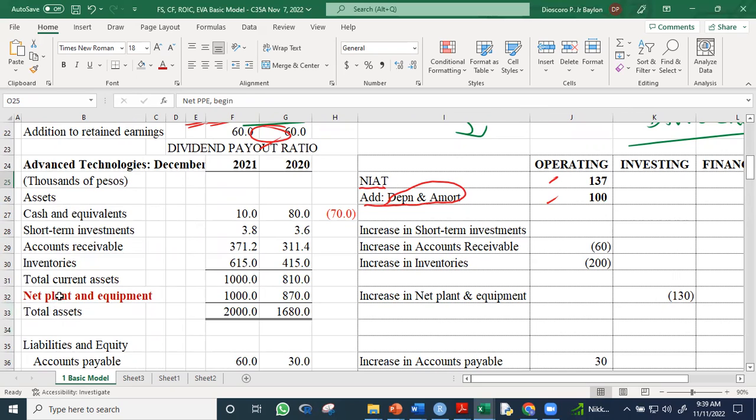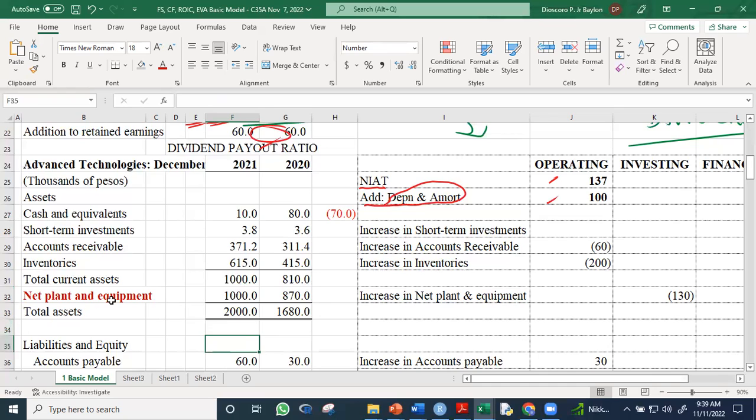However, this is not PPE at cost. Let me repeat that. Had we been given the property, plant, and equipment at cost, then we just subtract the difference, put it under investing, and then that's already the correct answer.